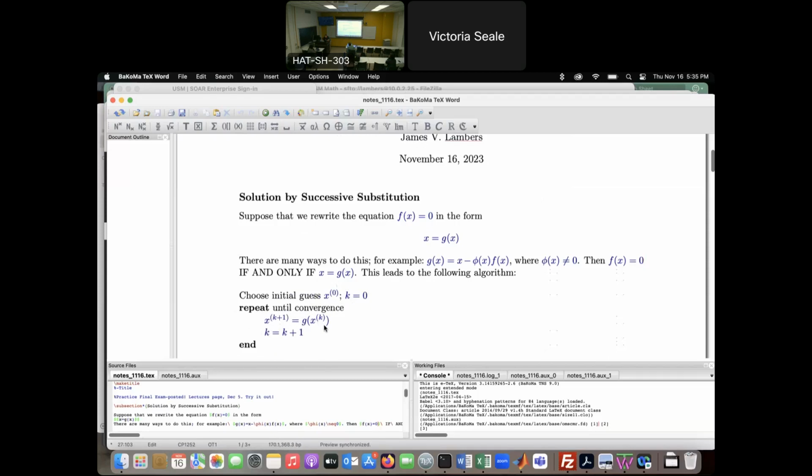So x1 is g of x0, x2 is g of x1, and so on. That's it, until the iteration converges. If it converges. We can't be certain that this iteration will converge, but I will be able to show you some guidelines on how to transform the equation f of x equals 0 into x equals g of x to try to ensure convergence.